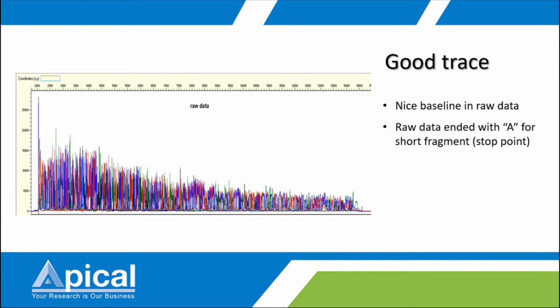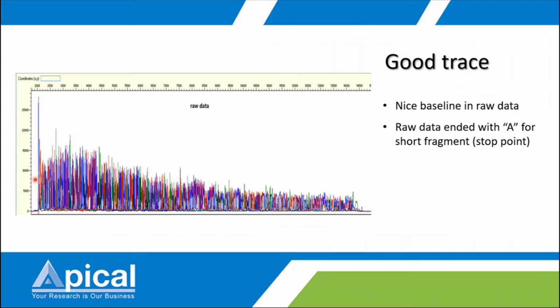Just to show you, this is the raw data. They should have a clean and nice baseline in your raw data. For a short fragment, the raw data will actually stop at the end here.